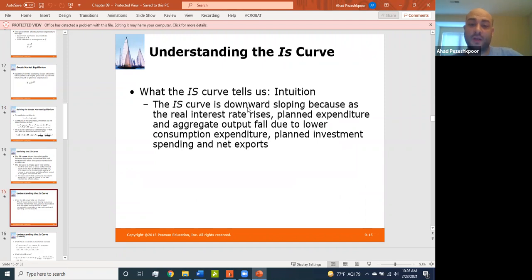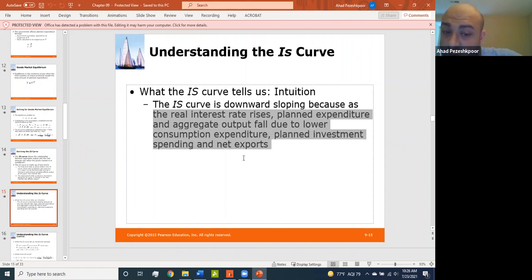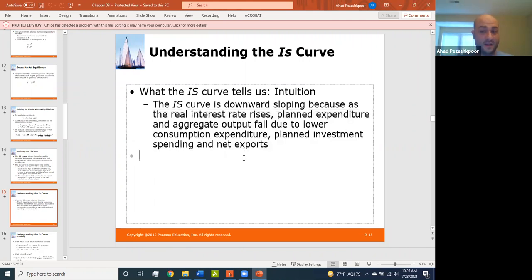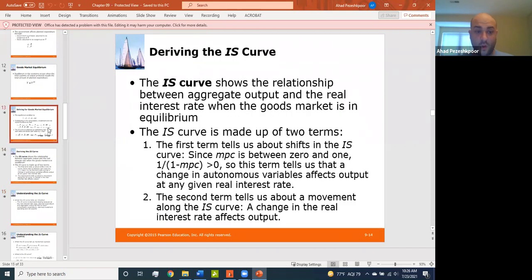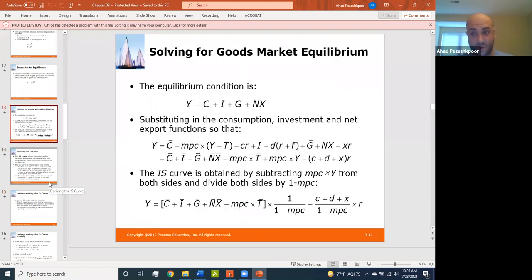It's downward sloping because as the real interest rate rises, planned expenditure and aggregate output would fall due to lower consumption expenditure, planned investment spending, and net exports. All those other things would go down.